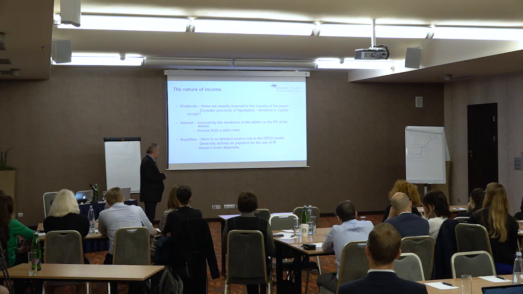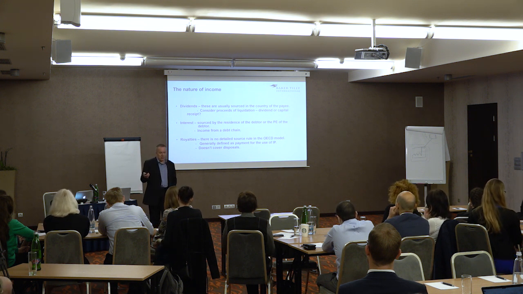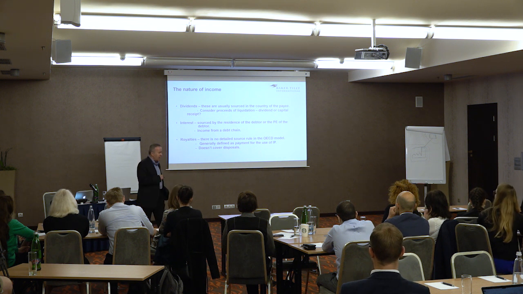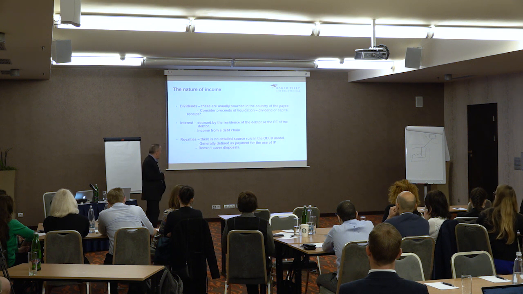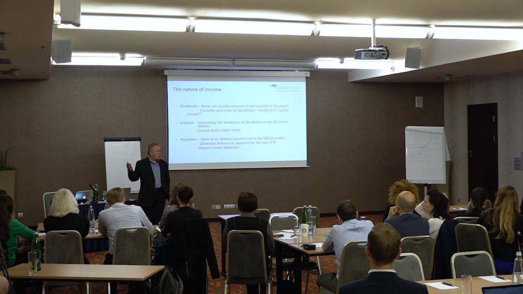Royalties is actually significantly harder because there aren't really any detailed rules about what the source of royalties is for the OECD treaty, or indeed what the identity of royalties is. That again, you might think, well, hang on, we all know what royalties are. Somebody's using some IP and they're paying for the use of the IP. But sometimes you can have a different person paying for that.